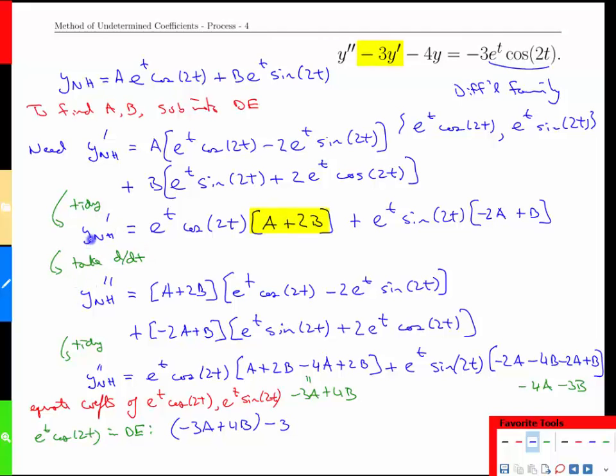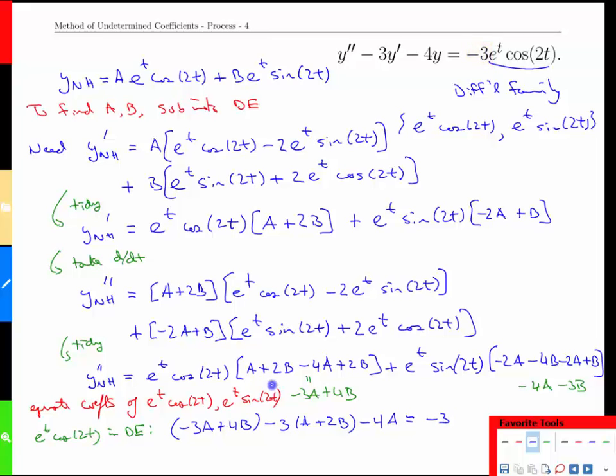Y prime, here's y prime, e to the t cos, a plus 2b. Minus 4 y's, and the y was simply a e to the t cos, so we have minus 4 a's. What did we have on the right-hand side for e to the t cos's? We had negative 3 of them.